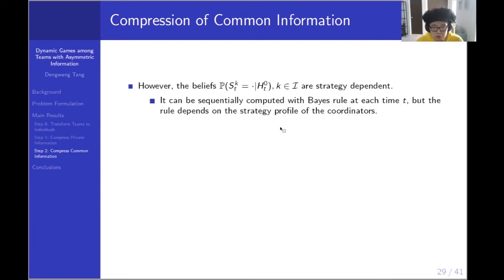This belief can be sequentially computed with Bayes' rule at each time t, but the form of this Bayes' rule will depend on the strategy profile of all the coordinators.